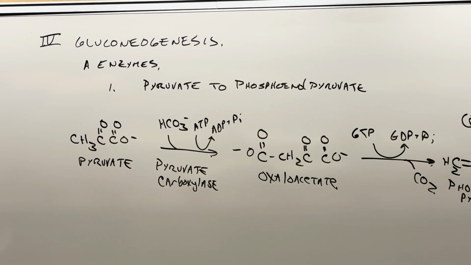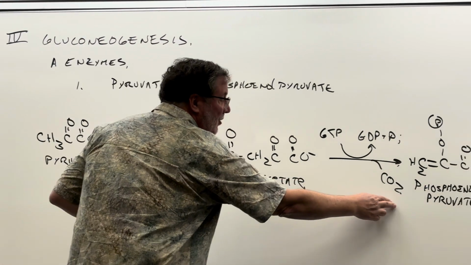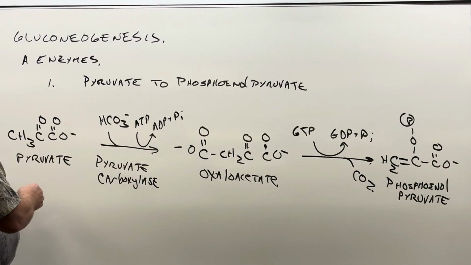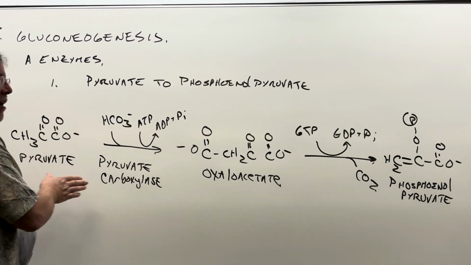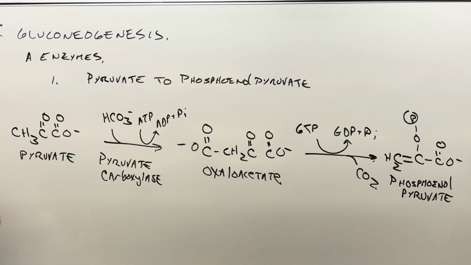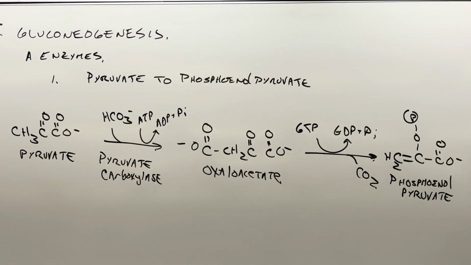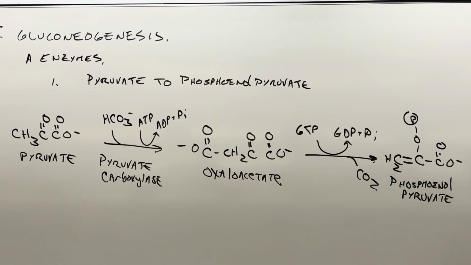One of the things you don't want to have happen in the cell is the pyruvate kinase reaction, going this direction, making 1 ATP, at the same time as the resynthesis of phosphoenolpyruvate. Because if you get a cycle going, you're going to generate 1 but burn 2, generate 1 but burn 2, generate 1 but burn 2, and you're just going to keep using up ATP.